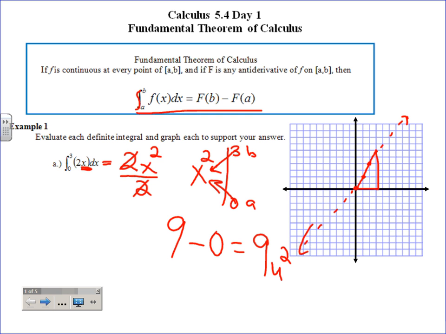Because this is 3. This is 6. Right angle. Base times height divided by 2. You get 9. Obviously, I chose some that graphically are very easy at this point to show you that it actually works.